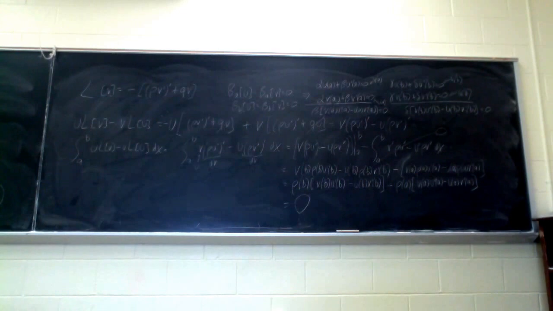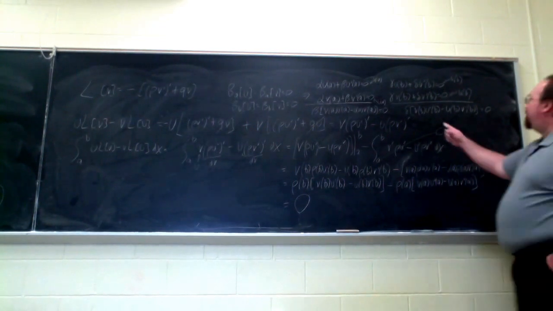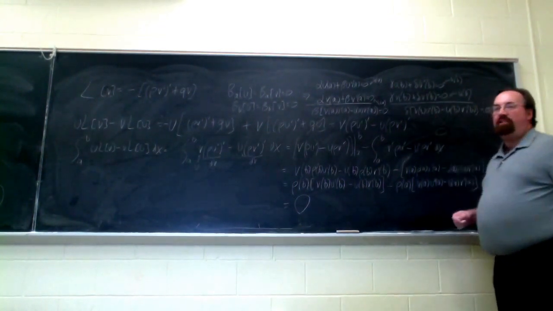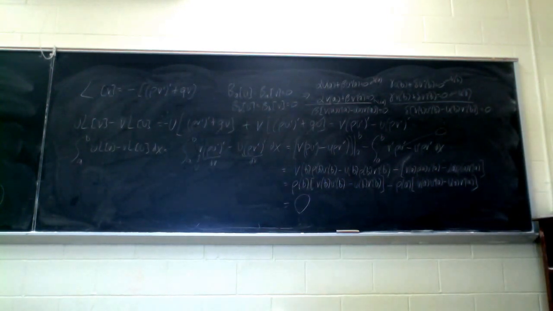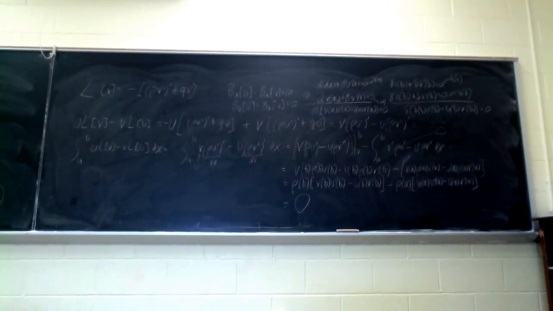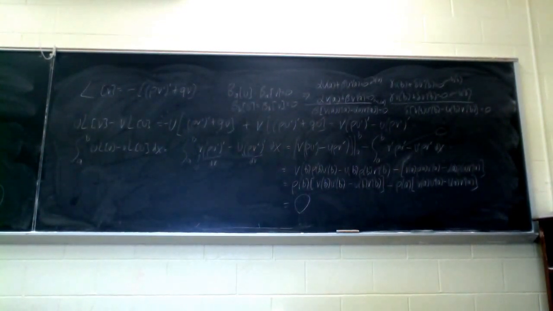Then you'll get different conditions. So you explore all the possibilities, you're still going to get 0. If delta is 0, then u of b and v of b are 0. So eventually you're going to end up getting 0. No matter how you slice it, it comes up 0.